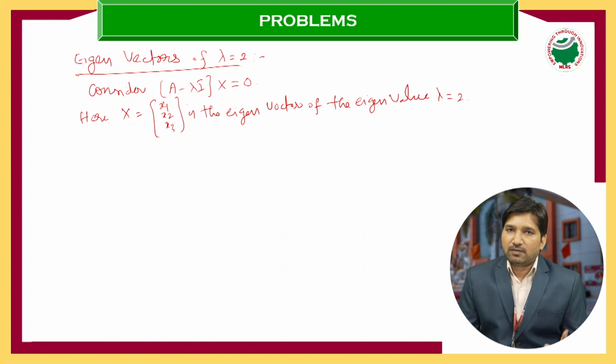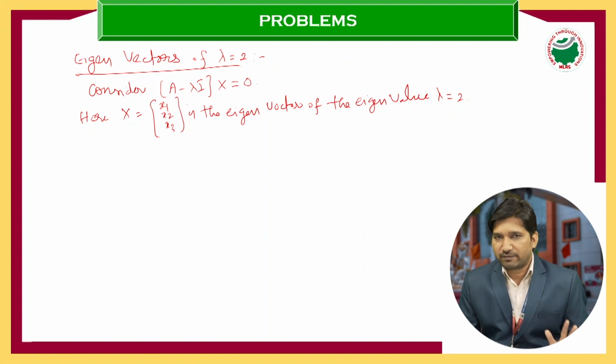Here the eigenvalue is repeated 2 times, so we will also get 2 eigenvectors.